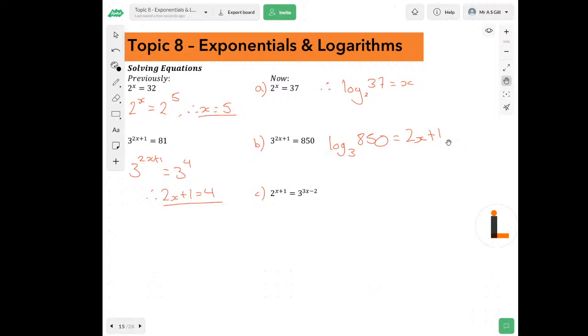So we just type this side into the calculator, log 3 of 850, and we'll get that therefore 2x plus 1 is equal to 6.13, and we leave it unrounded for now. And then I'm going to go through and just solve for x. We get a final answer of 2.56, and we would round it to the appropriate value asked for in the question.